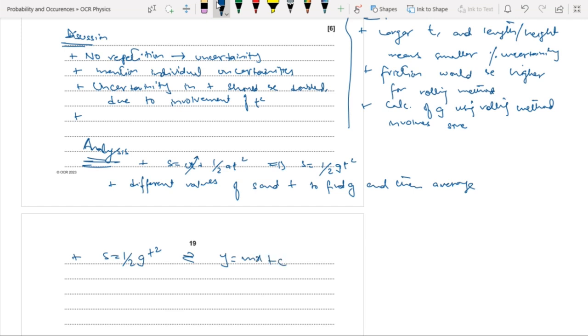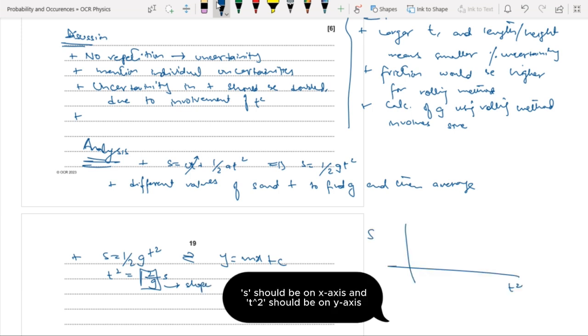This can also be written as t squared equals 2 over g times s, where 2 over g is the slope, the gradient. With t squared on the x-axis and s on the y-axis, different points would be taken, with obviously their uncertainties in the values.